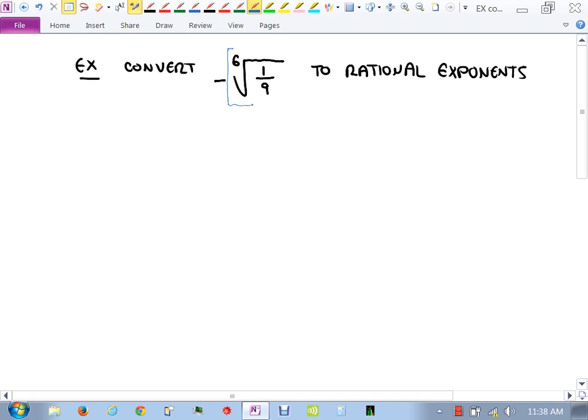if we just focus our attention on just what the radical is, there's our radical, right? What's the x for us? 1/9. What's the n? 6. And what's the m? 1 again, isn't it? Do you agree?